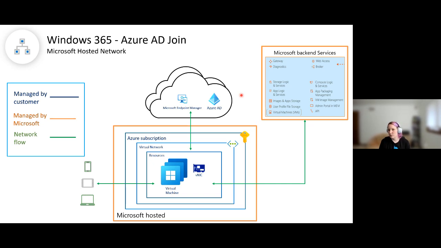A lot of customers that have tested this really enjoy it because, again, there's no complexity about bringing your own network and some of the prerequisites that are needed for that, which we noticed that kind of holds up some of the customers from testing Windows 365 because they may not be as mature in the Azure infrastructure space to have some of the prereq setup that we'll see in the BYO network option.